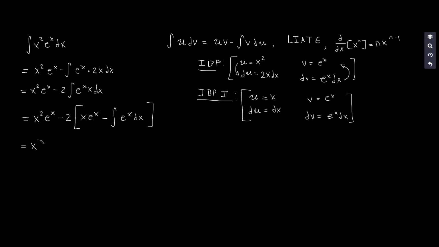I'm just going to grab this, bring it on down. x times e raised to the power of x minus the integral of e raised to the power of x, which we know is just, well, e raised to the power of x plus c.